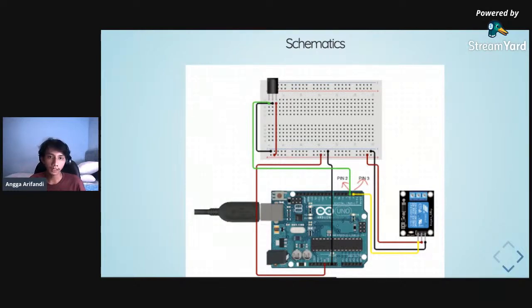So the infrared sensor I will connect to pin 2 of the Arduino. This will be needed for the next step, which is the coding part. And then for the relay, I will connect it to pin 3. So remember, pin 2 was for infrared, and pin 3 was for relay, right? Okay.